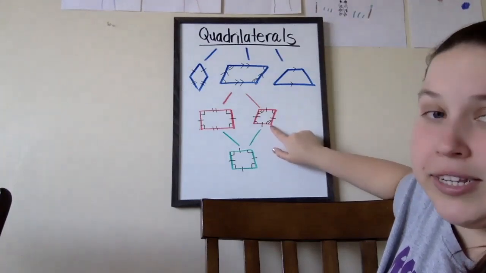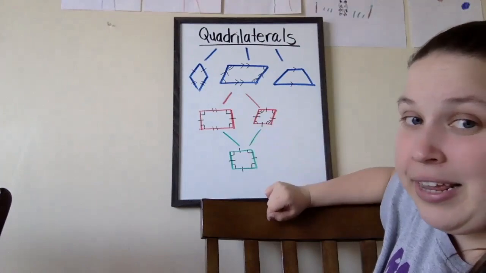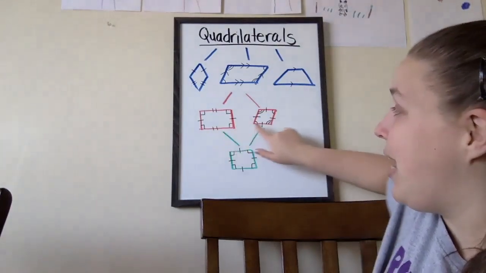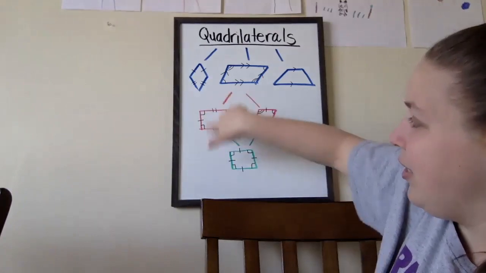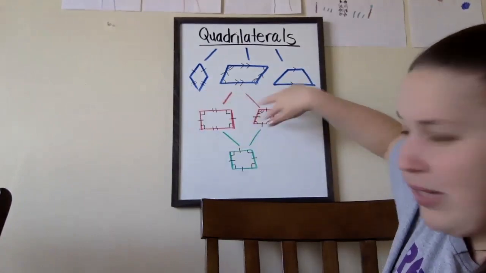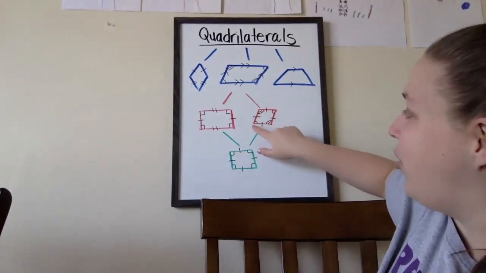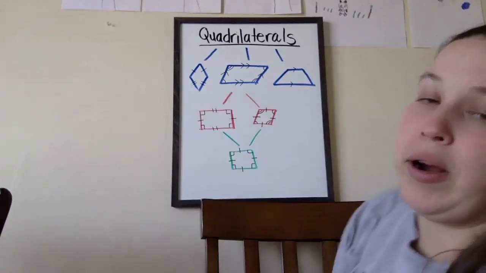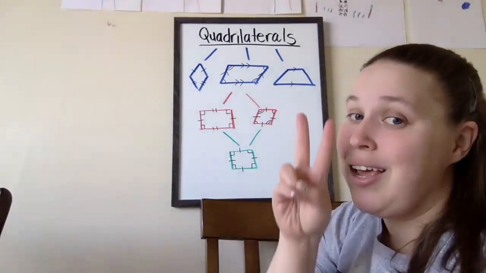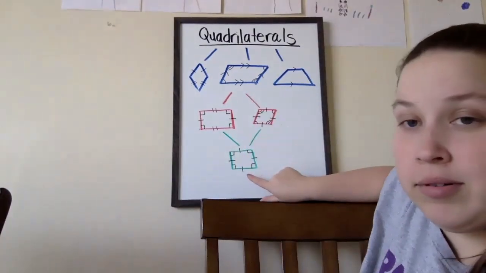But what about the angles? Opposite angles are congruent. Okay, so we have 2 sets of parallel sides. These two, and these two, these two, and these two. Opposite angles are congruent and they're right angles. So the reason the rectangle falls under the parallelogram is that it has two sets of parallel sides. Okay? So then we have a square.